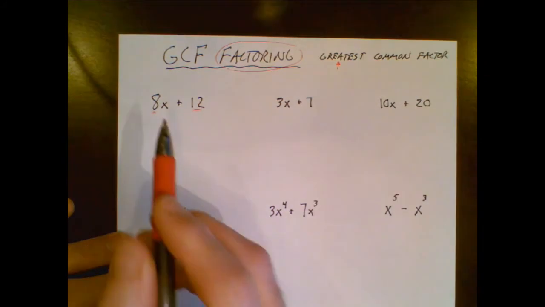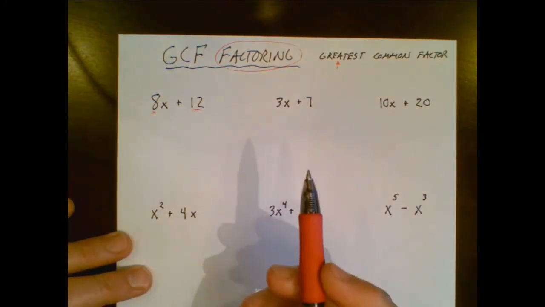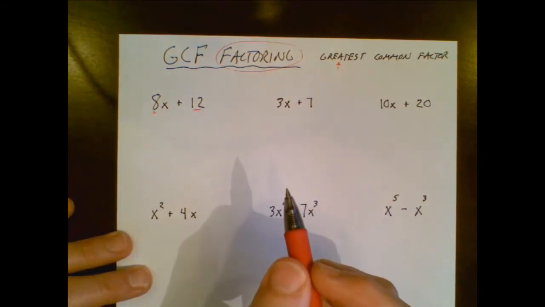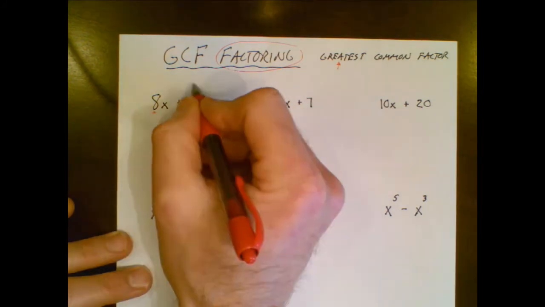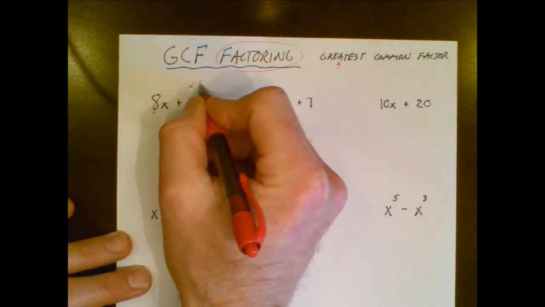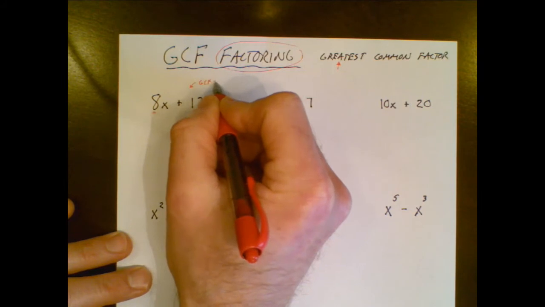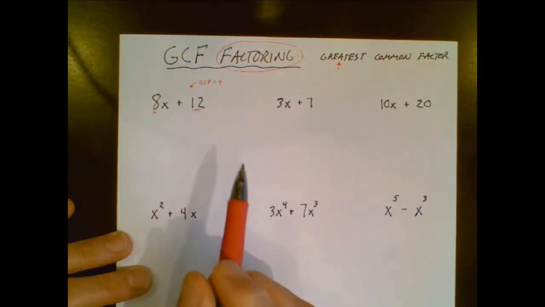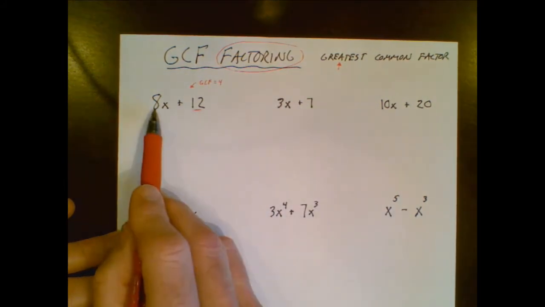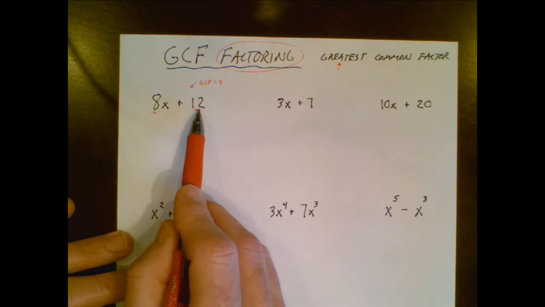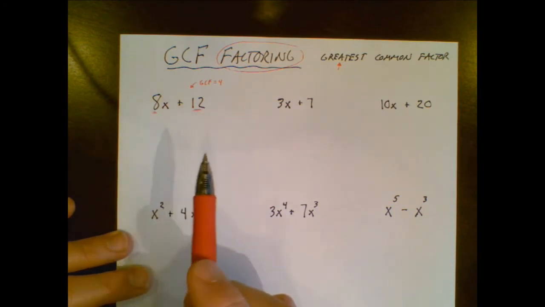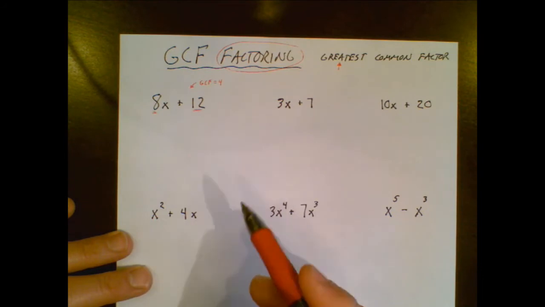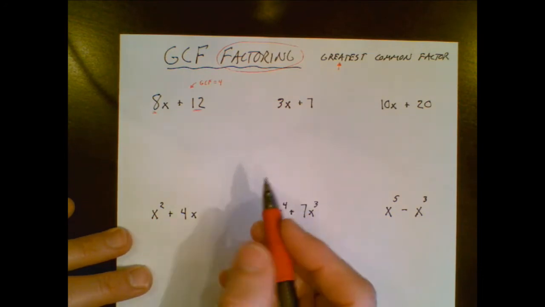Although 2 is a common factor between 8 and 12, there's something better out there, and that is a 4. So when I look at this first problem, I would say in my head, the GCF equals 4. In other words, 4 divides into 8, 4 divides into 12 evenly, and there's no other larger number than 4 that will divide evenly into 8 and 12.